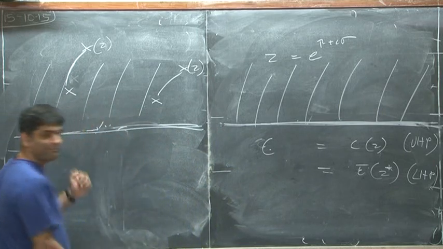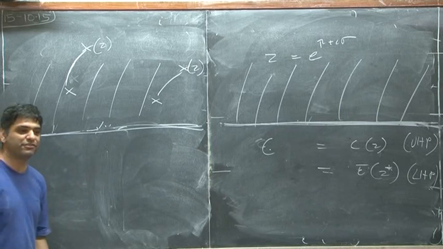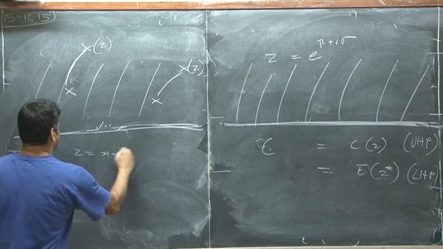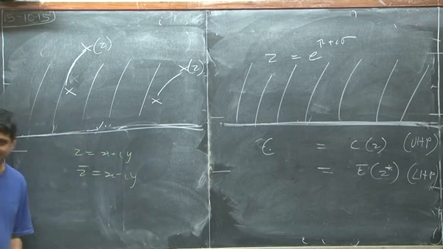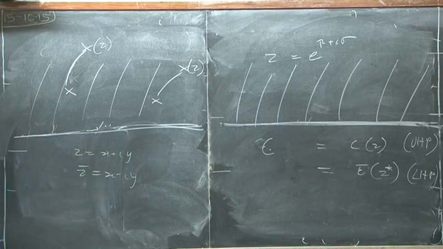Let's say this is in upper half plane language. What is the normal derivative? It's the y derivative. How do you get the y derivative from z derivatives? So z is equal to x plus iy, z bar is equal to x minus iy. So the y derivative will be the z derivative minus the z bar derivative.